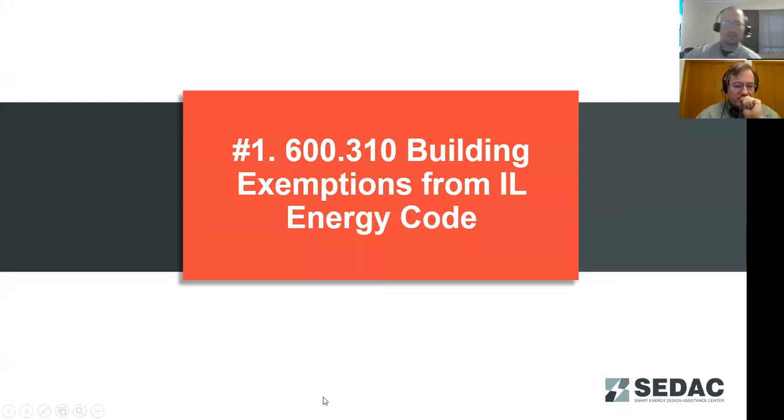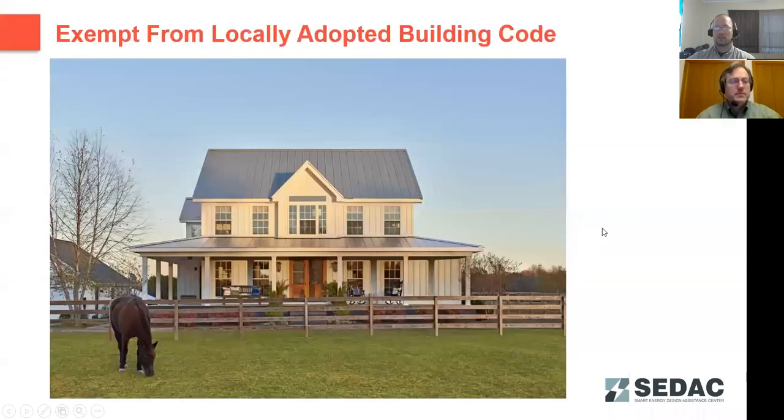Thank you, Ryan. First thing we're going to cover, probably the most important, is when is the energy code in force. So we're going to look at some exemptions for the energy code when you're required to meet the envelope requirements. There are some areas that have locally adopted building codes that have certain exceptions in it for facilities.